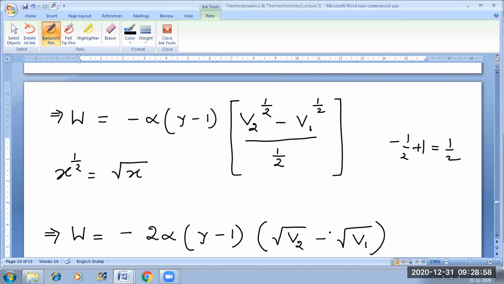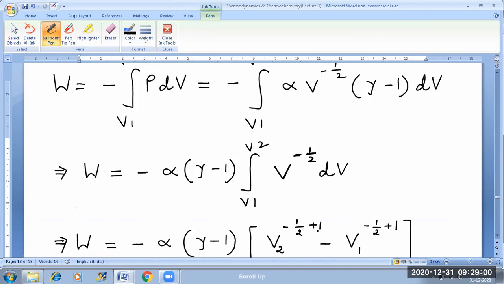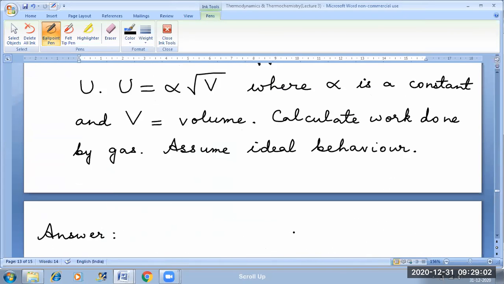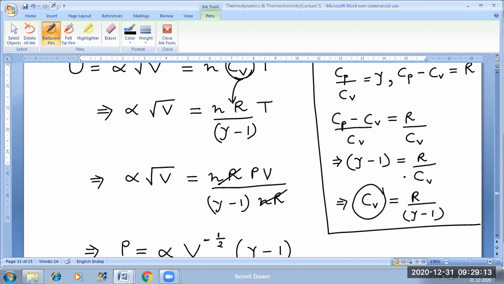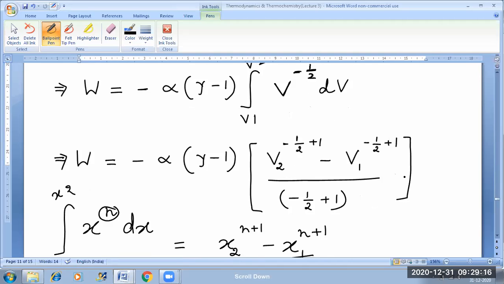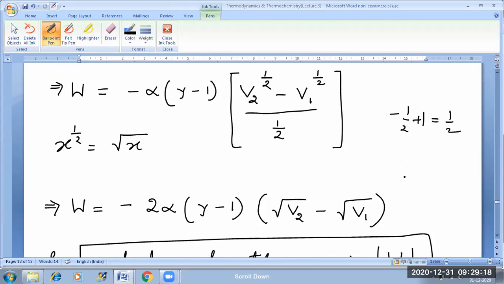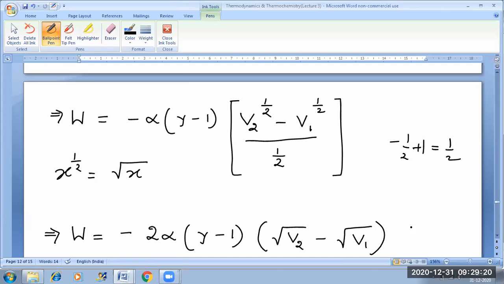But this is work. The question has specified something else. The question has asked me to calculate the value of work done by gas. This word is mentioned. Had they just mentioned calculate work done, I would have stopped here. But they have specified to find out the work done by the gas.